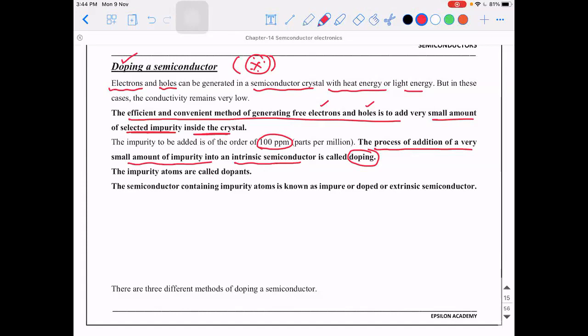The impure atoms that are added are called dopants. A semiconductor containing impurity atoms is known as impure or doped, and most commonly it is called an extrinsic semiconductor, which is just the opposite of an intrinsic semiconductor.